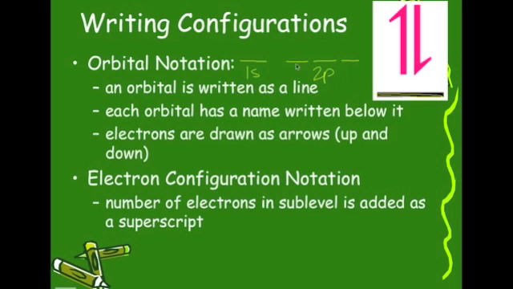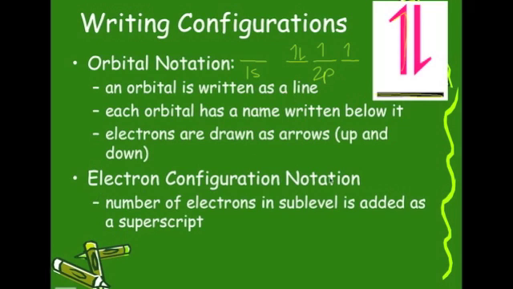Then you would label it underneath and fill your electrons in. You always draw the up arrow first. So if we were filling 4 electrons into this 2p sublevel, you'd go up, up, up, and then down, because Hund's rule says each orbital gets 1 electron before anybody gets to double up.